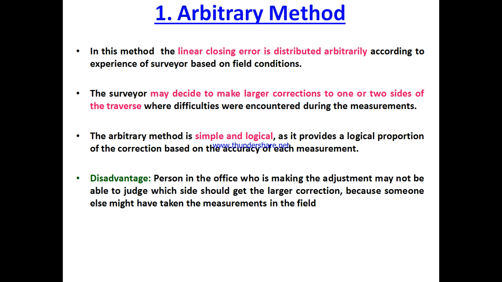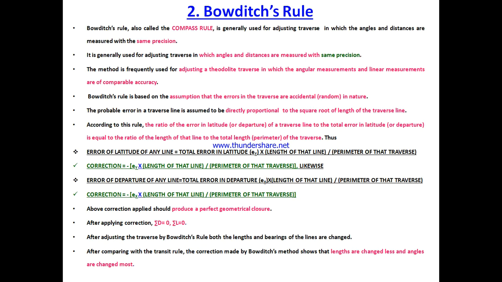So it might happen that he may not be able to judge which side of the traverse should get the larger correction or which side should get the smaller correction. So sometimes this method is not that relevant in case of traverse adjustment.